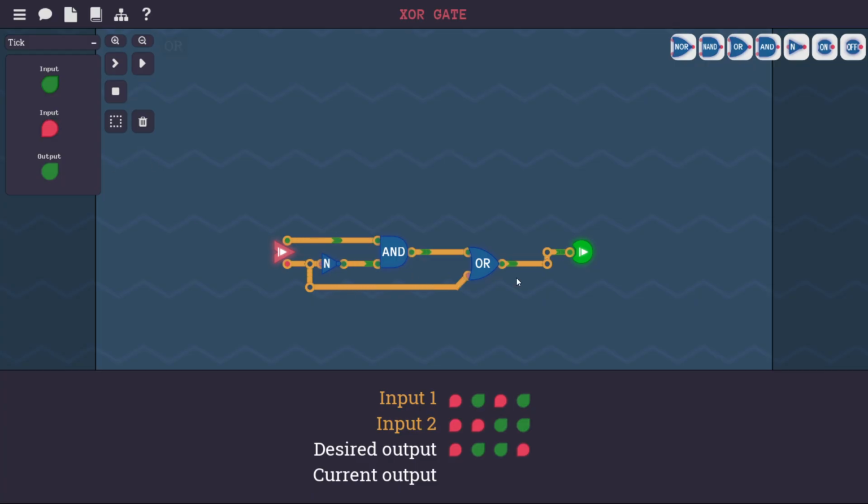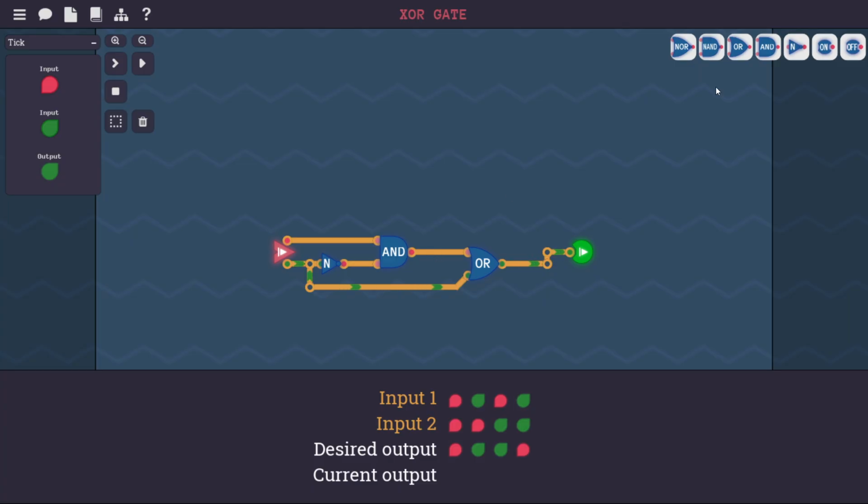so let's go back here. So if both of them are on, we need to invert the signal. Oh, okay.